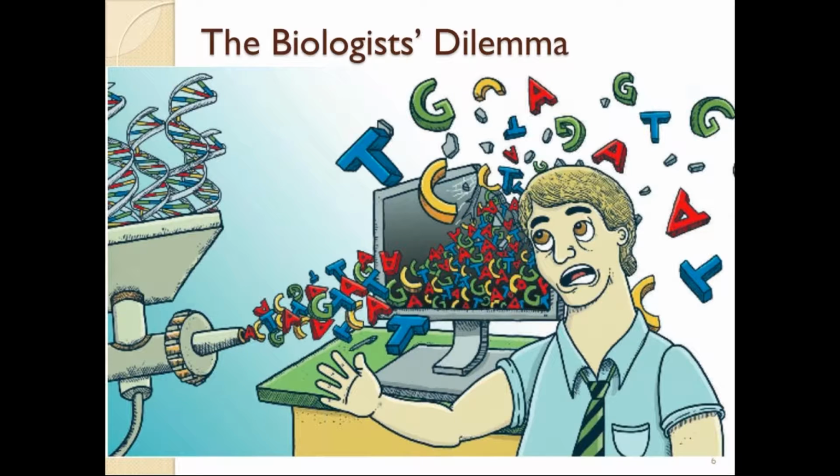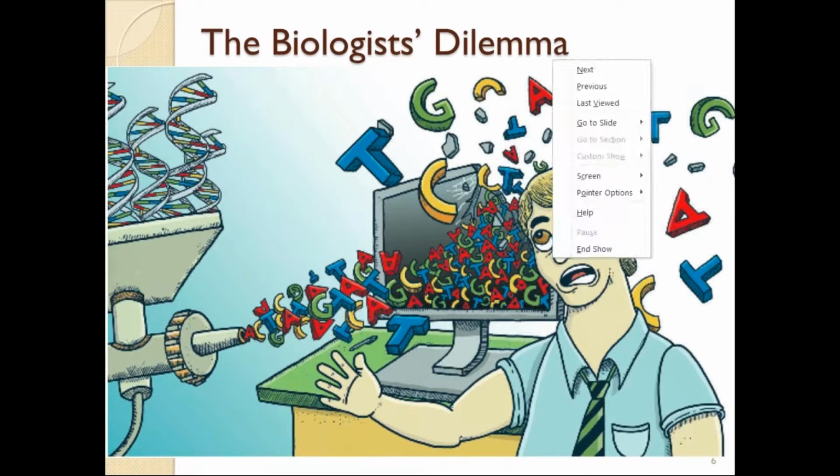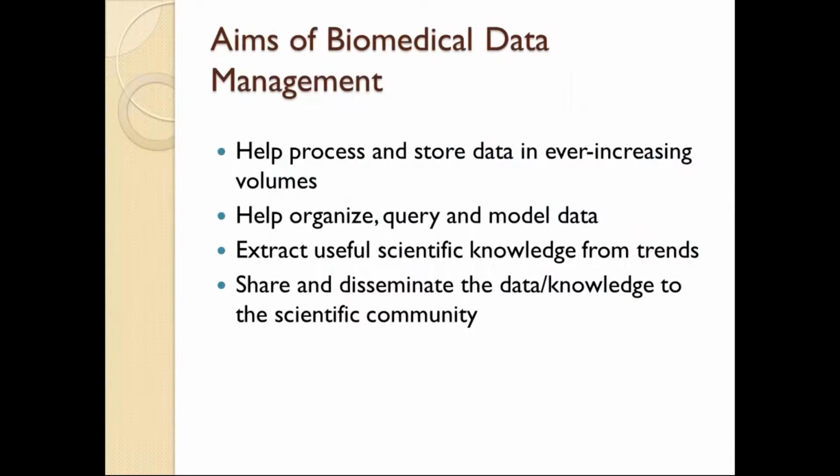So the aims of biological data management are very straightforward, in my opinion. They're easy to understand. We need to be able to process and store these data in ever-increasing volumes. Right? So when we talk about big data, people like to say, oh, there are 4 V's.